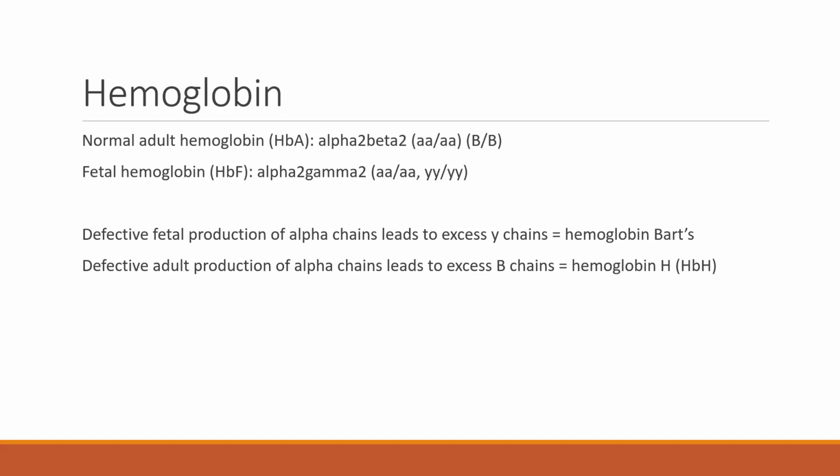Most people are familiar with the newborn screen, and so what you'll see when there is a defective production of the alpha chains, this can lead to an abnormal excess amount of gamma chains, which leads to what's called hemoglobin Barts. So the gamma chains collect and they form these tetramers, and that is hemoglobin Barts.